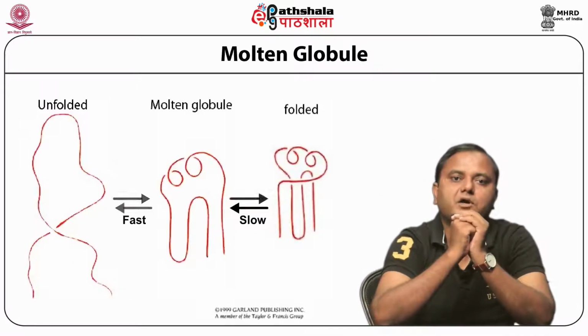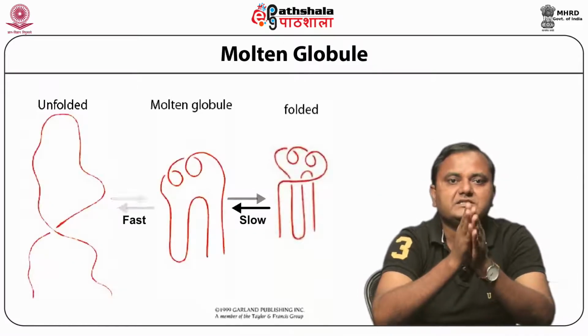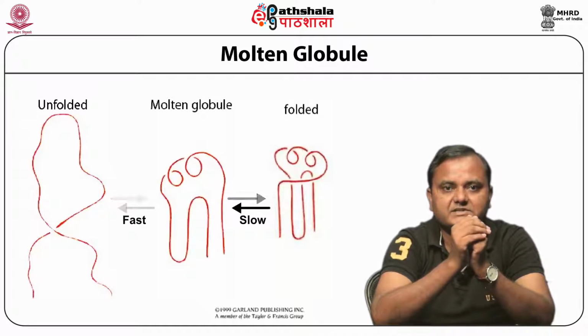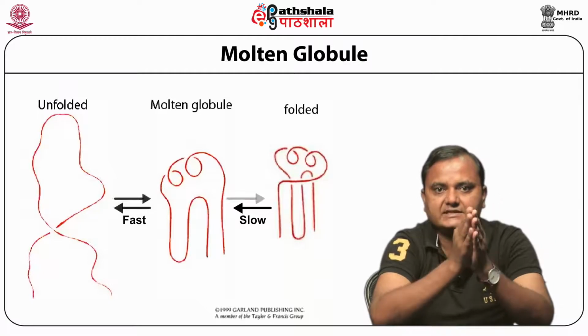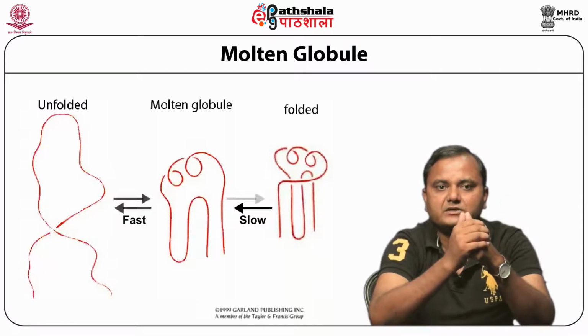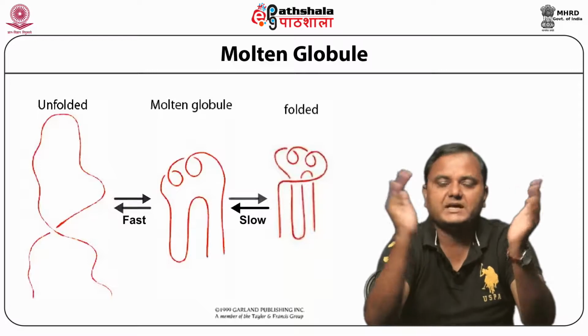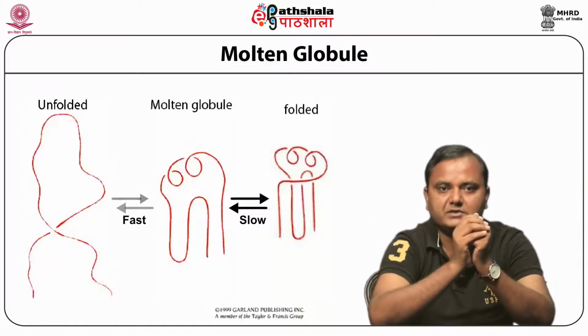Now it talks about the molten globule state. Much of the secondary structure that is present in the native protein forms within a few milliseconds. This is called hydrophobic collapse, or sometimes it is known as the molten globule state.